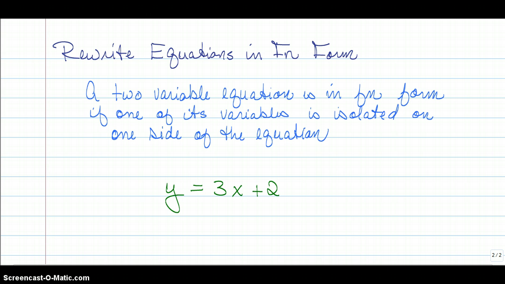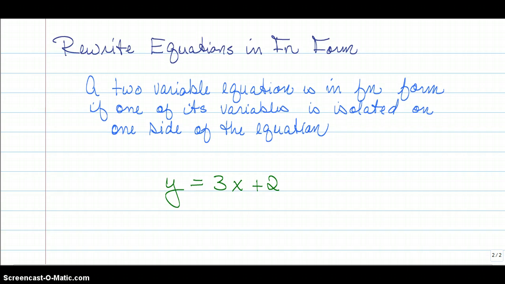Okay, now we're going to rewrite equations in function form. So we really need to know what that is. A two-variable equation is in function form if one of its variables is isolated on one side of the equation. So y equals 3x plus 2 is an example of what function form would look like because y is isolated.